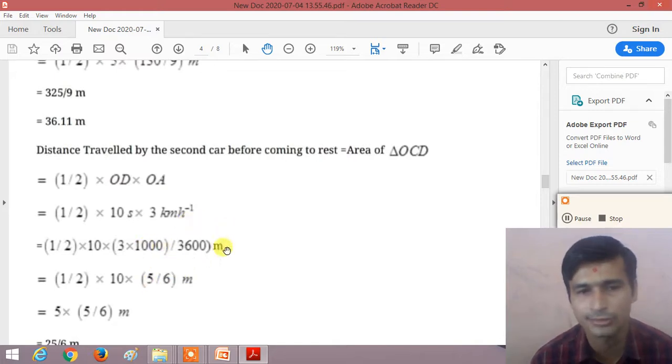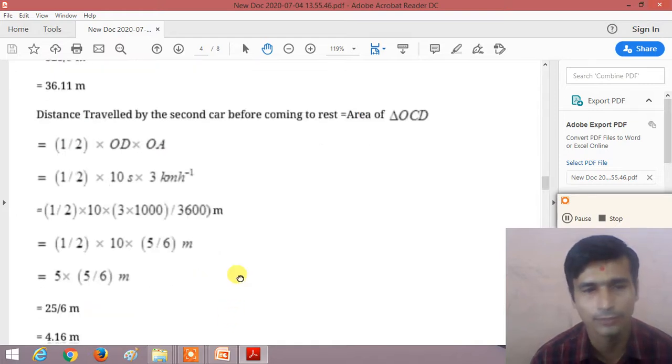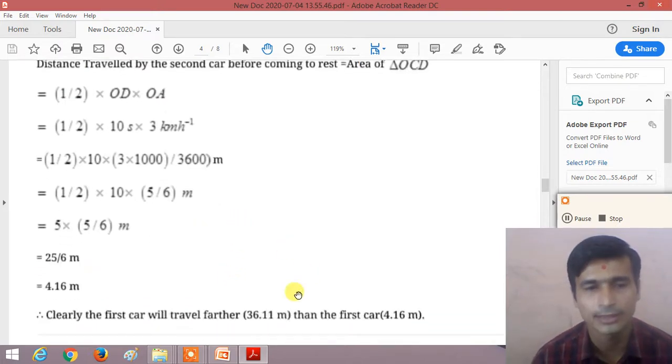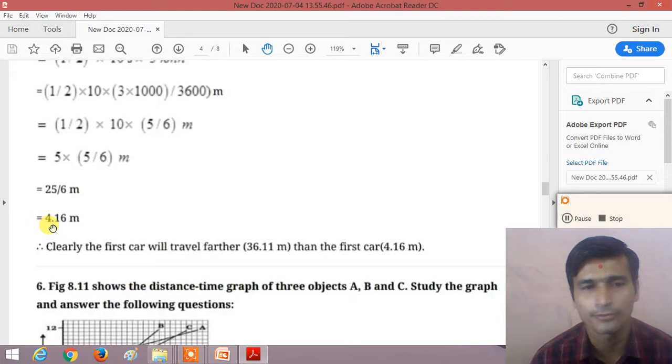Multiply by 1000 by 3600, or multiply by 5 by 18. If we calculate that, we get the distance traveled by the second car as 4.16 meter, right? So the first car travels farther, 36.11 meter, and the second car travels a distance of 4.16 meter, right?